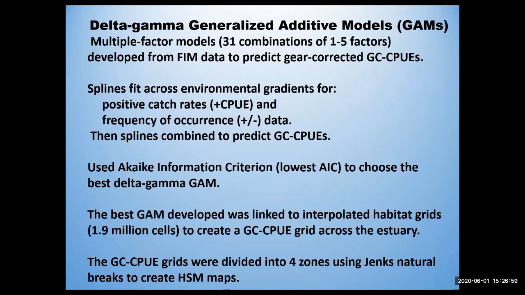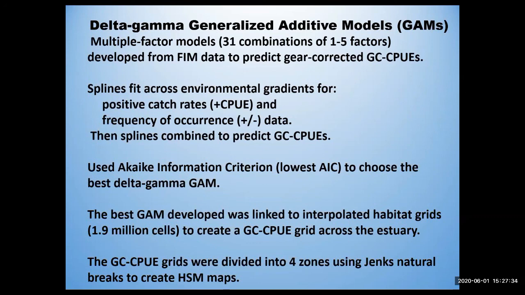So it actually developed 31 different models, each with submodels that fit splines of abundance or CPUEs across environmental gradients for positive catch rates, and then frequency of occurrence, which is basically looking at the percentage of zeros in the data sets. So we had 2 submodels, and then the splines were combined to produce predicted gear-corrected CPUEs, so gear-corrected abundance, if you like.